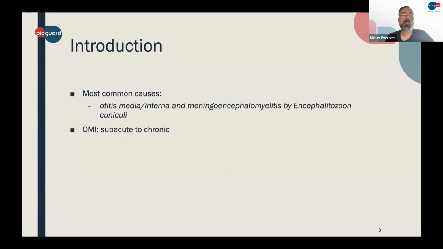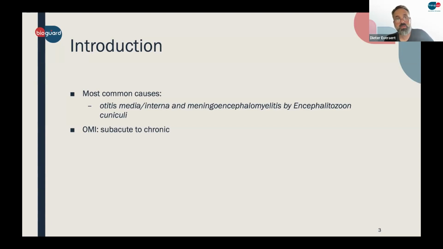So a report is saying that the most common causes of the head tilt or torticollis are a combination of Otitis Media Interna and meningoencephalomyelitis by Encephalitozoon Cuniculi. So that's a really important thing to know.